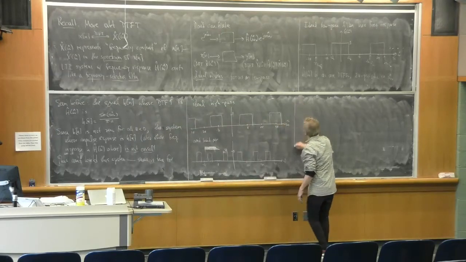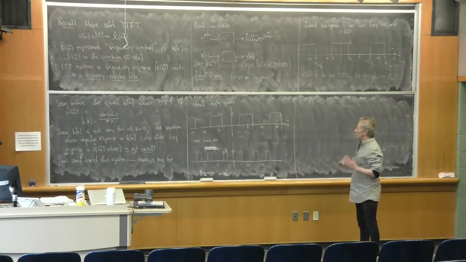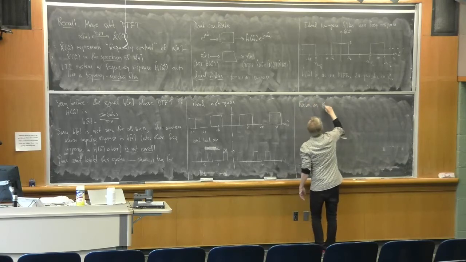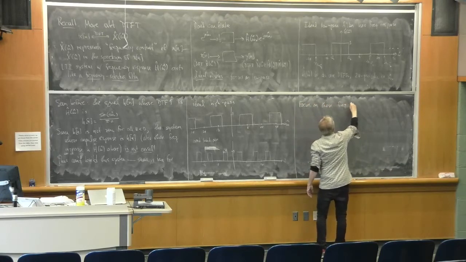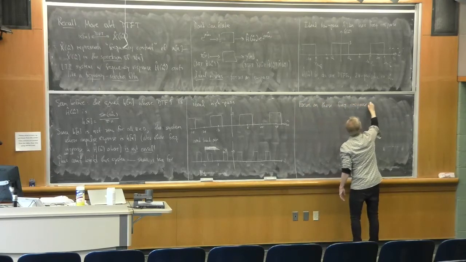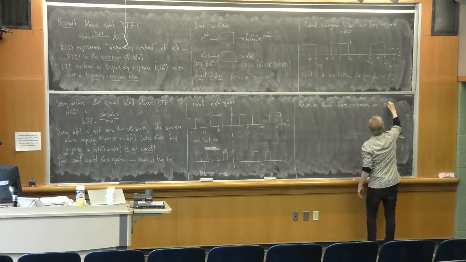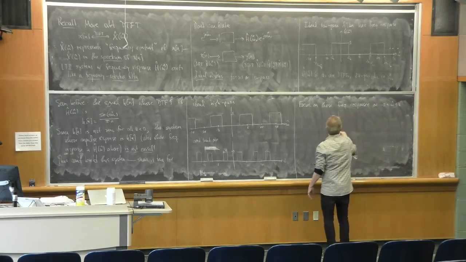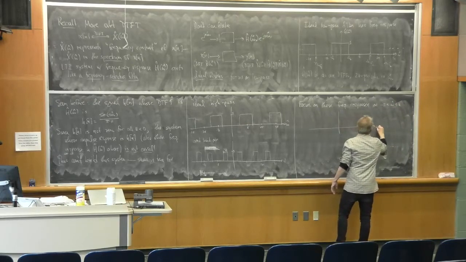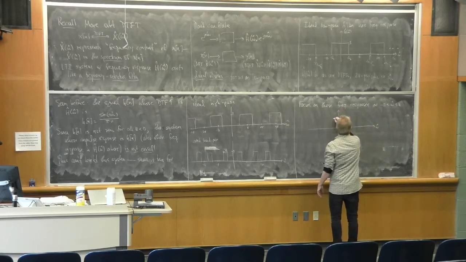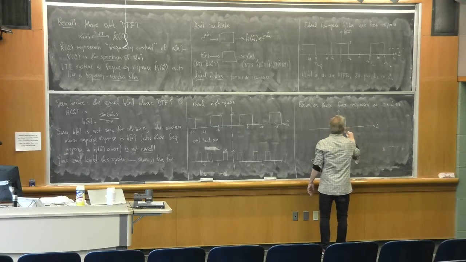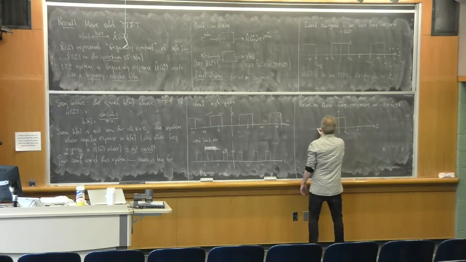Now, as usual, what we're going to do is focus on the interval minus pi to pi. So focus on these frequency responses on the interval minus pi less than or equal omega hat less than or equal to pi. So the ideal low pass is going to look like this. It's going to go out to plus and minus omega hat b, and then out here pi, minus pi.